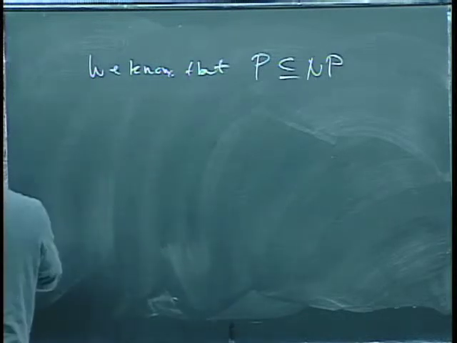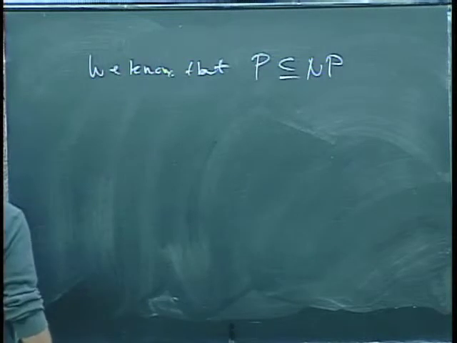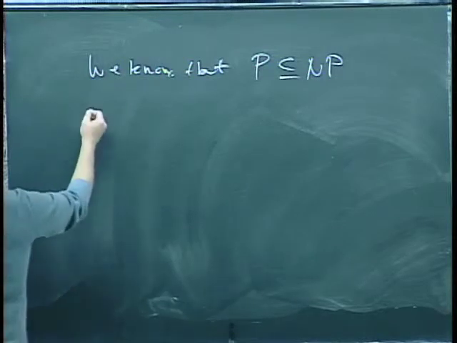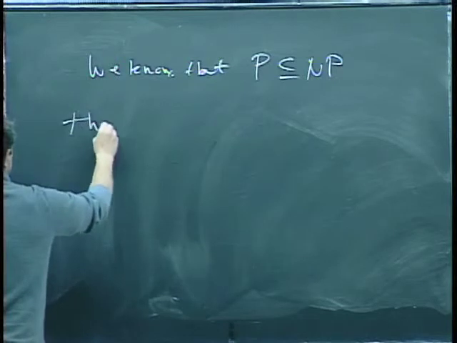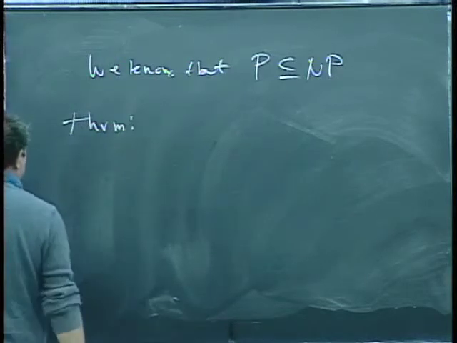Now, given that and given this notation for NP-completeness, we can get some other results, maybe call them corollaries.